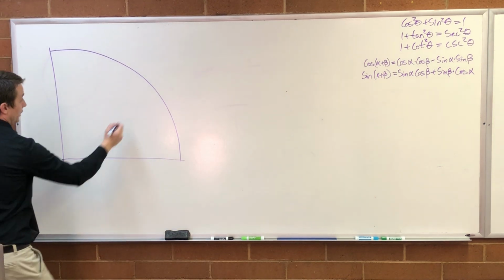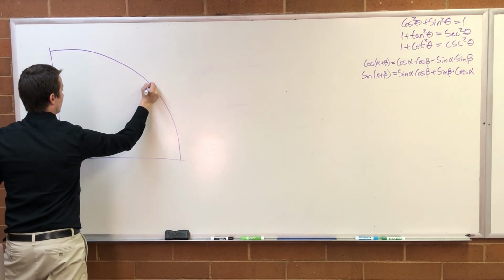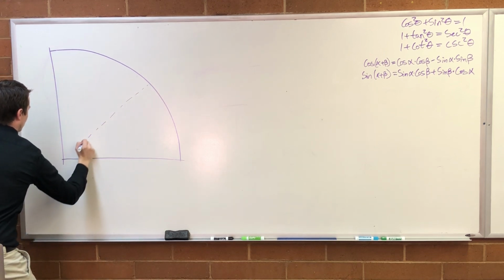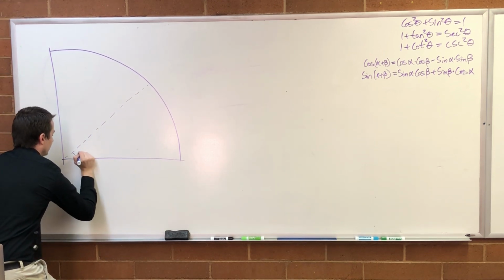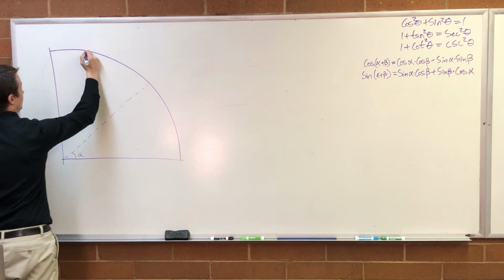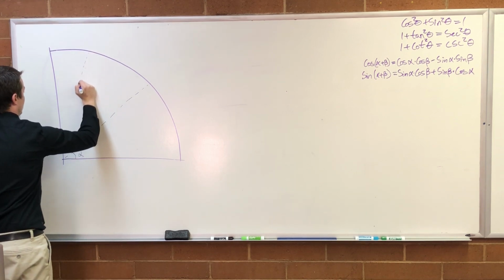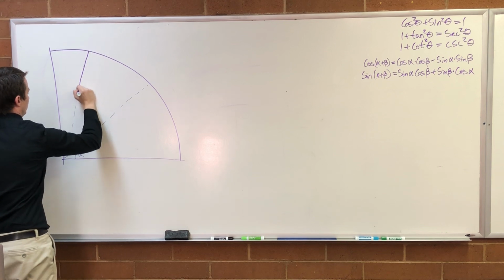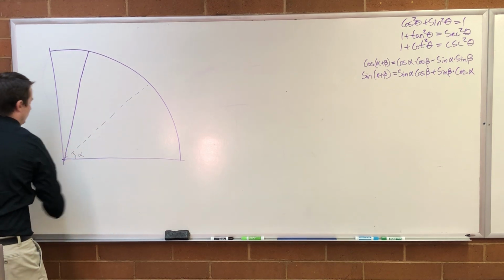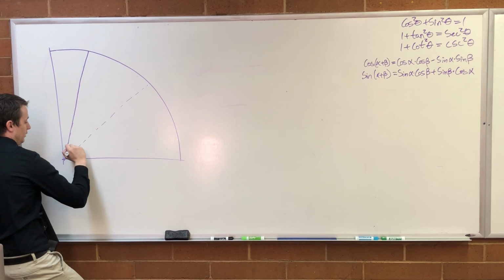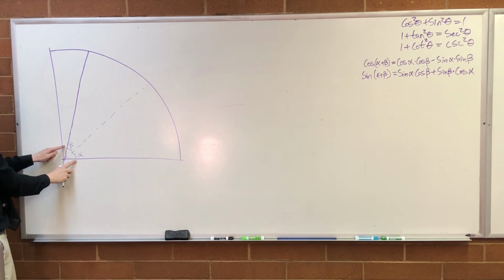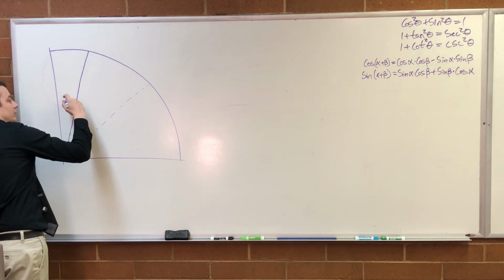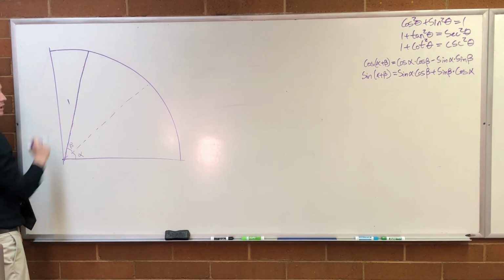So what I'm going to do is, we'll do dotted line, call this angle alpha, and then we'll do dotted line, actually this one's going to be solid because it's going to be one of my triangles. You'll see why I'm doing this solid in a second. But anyways, this angle right here is beta. And so this whole angle is alpha plus beta, right? By the way, this is 1, we're on the unit circle, so the radius here is 1.